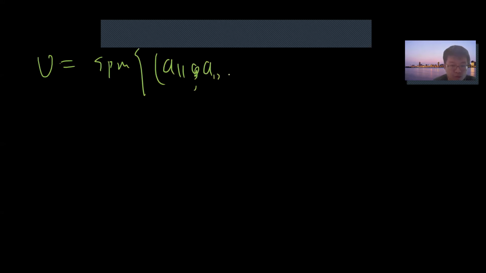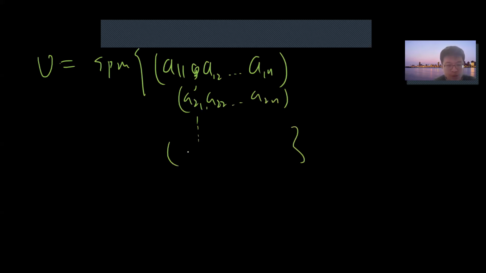Let's define U to be generated by the vectors. So U is a span of the coefficients: A11, A12, up to A1n, and A21, A22, up to A2n, and so on, up to Am1 up to Amn.